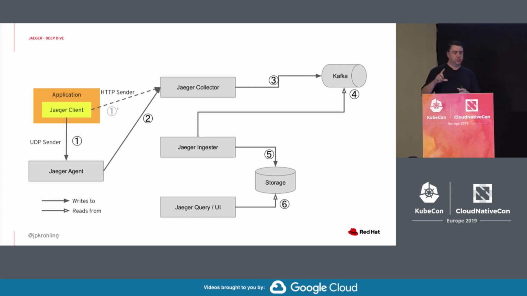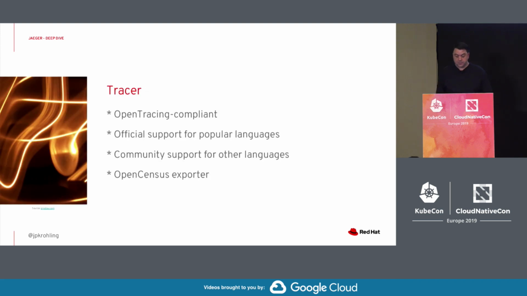And then the ingester, which is a new component, reads a stream from Kafka, and then it stores data into the storage. The whole point here being that we remove pressure, or we make the connection between collector and storage more elastic, right? So we are able to absorb more pressure.